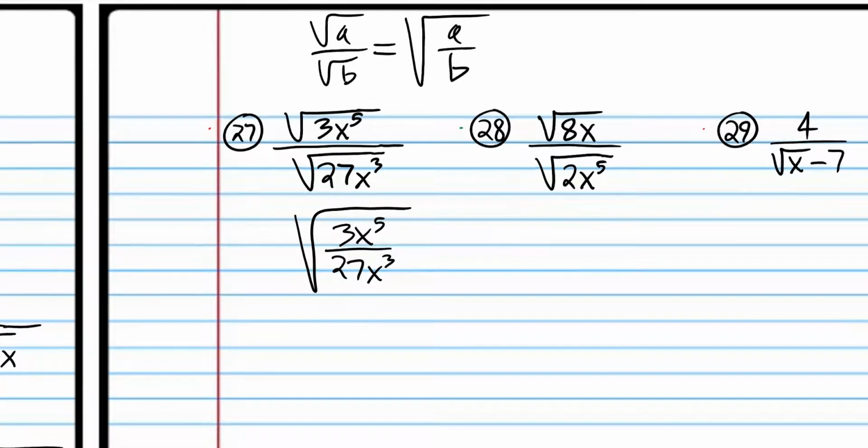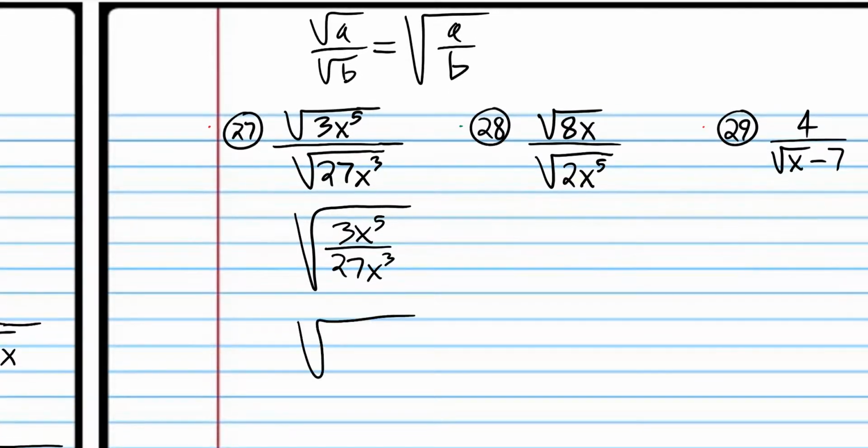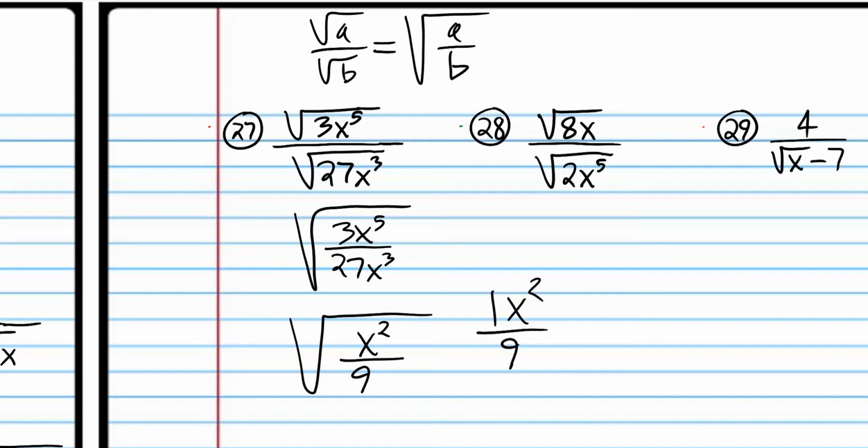And now the reason we did that is because look what happens. We can actually reduce this fraction. 3 over 27 reduces to 1 over 9, and x to the 5th over x to the 3rd power equals x to the 2nd power. Now, I don't want to write 1x squared over 9, because, again, 1 is not written as a coefficient. It's just not necessary.